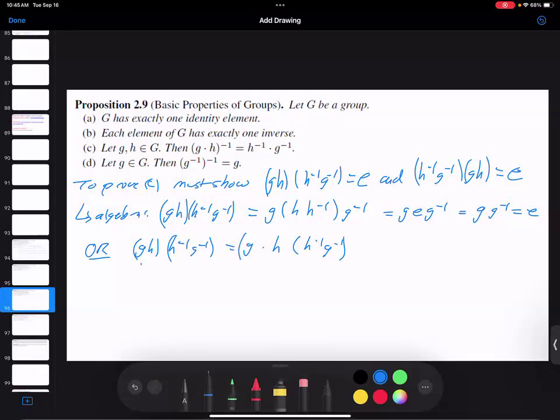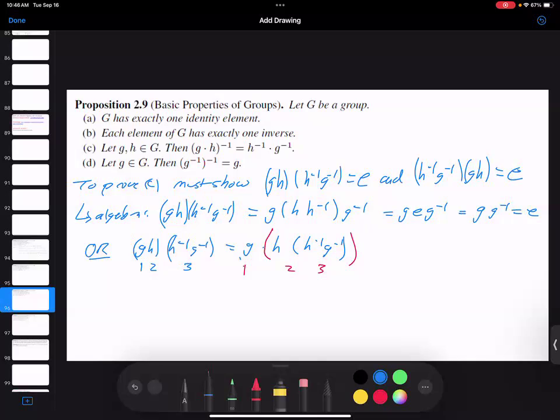This is element 1, this is element 2, this is element 3. So I can put parentheses like this. I'm using associativity. My three elements are G, H, and H inverse G inverse. So using associativity, this is now the same as G H times H inverse G inverse.